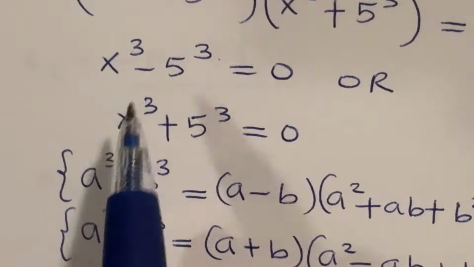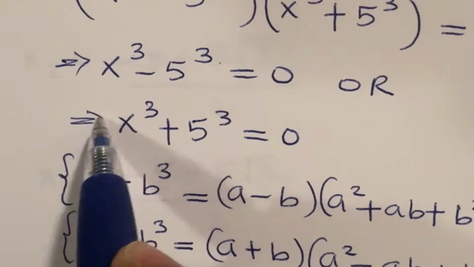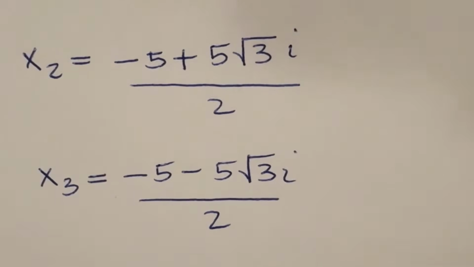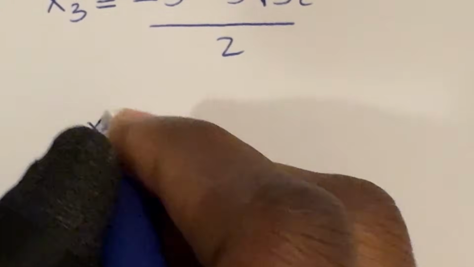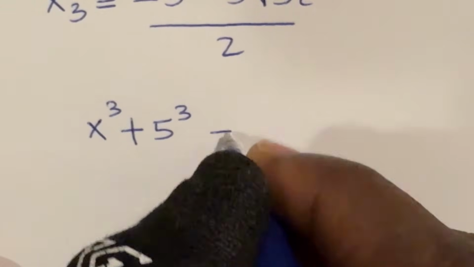and then we proceed to the second term here, which is x raised to power 3 plus 5 raised to power 3 is equal to 0.